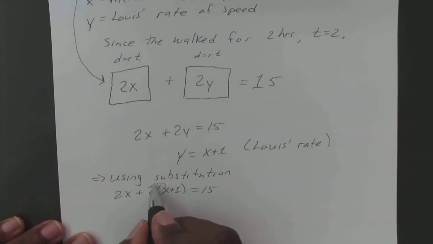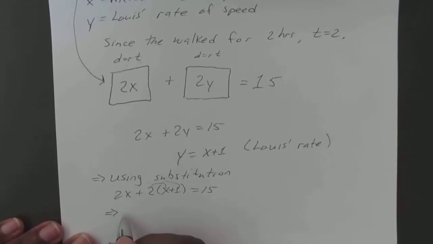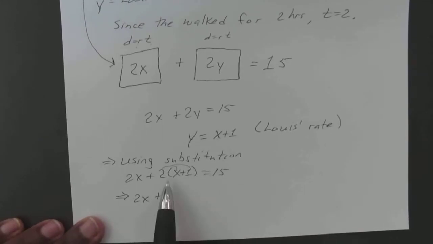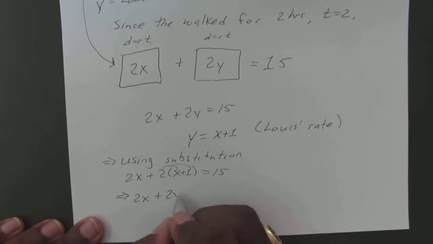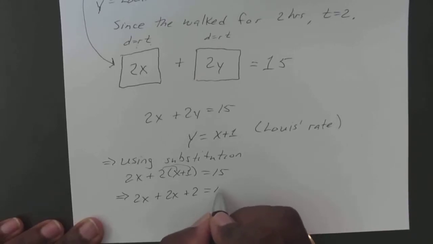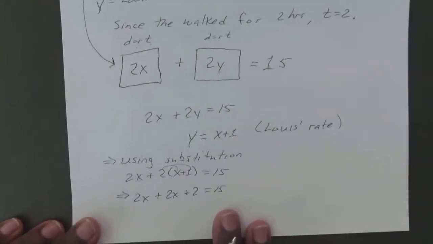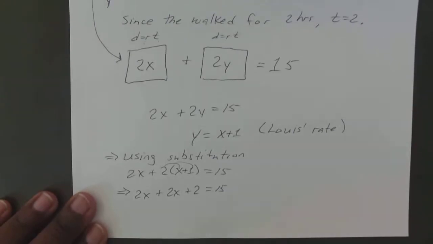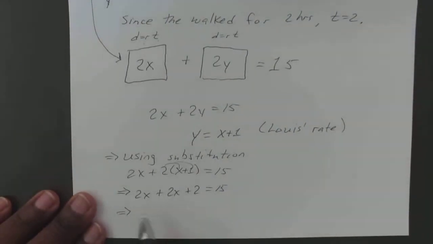Okay, so we can get rid of our parentheses by distributing. So that means we have 2x plus 2 times x plus 2 times 1, which is just 2, equals 15. Okay, so we can combine these two to just one term. So 2x plus 2x is 4x.